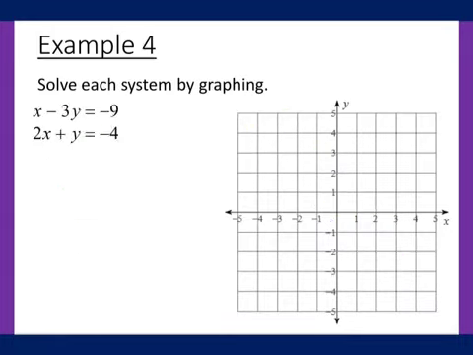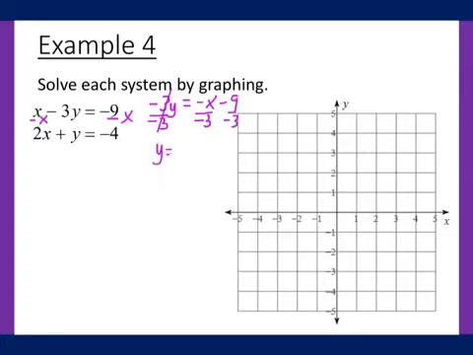Now, solving by graphing. Here we can't graph it right off the bat because we're not solved for y. So subtract the x from both sides on this first one, and that gives me negative 3y equals negative x minus 9. Divide everything by negative 3.